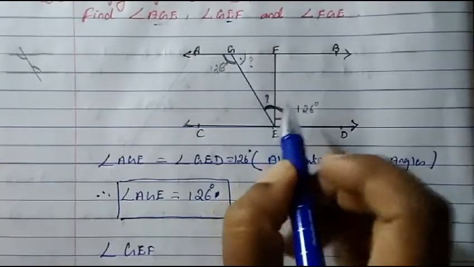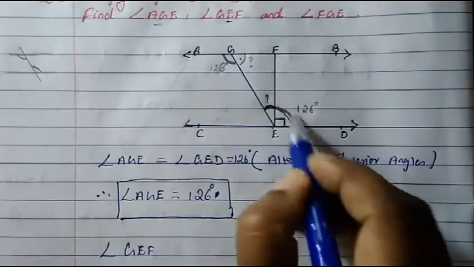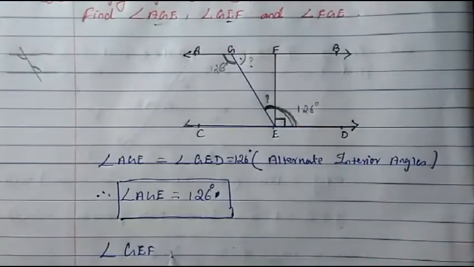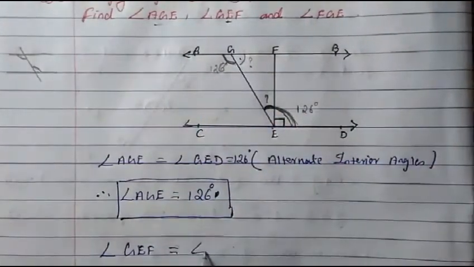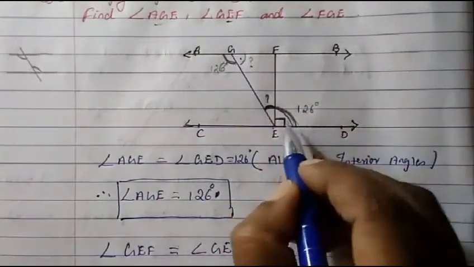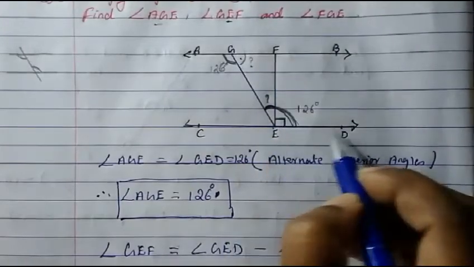To get this angle, the whole angle is 126. From here, we will subtract this 90 degrees. So to get this angle, from this whole angle GED, we will subtract this 90 degrees, that is FED.